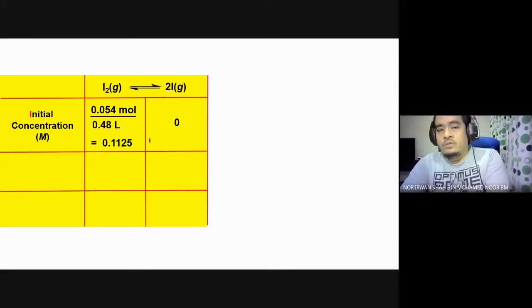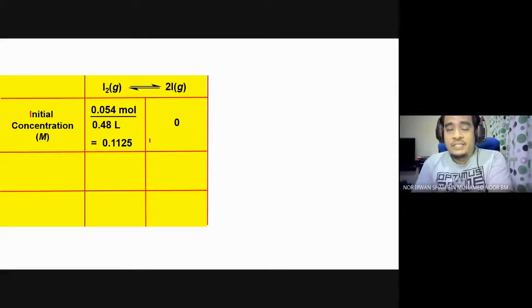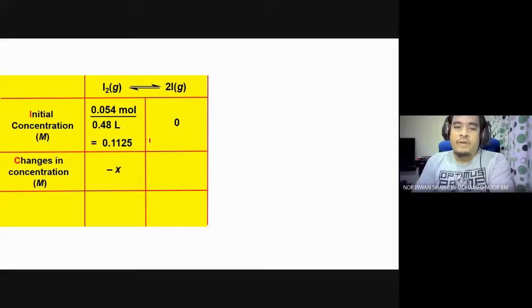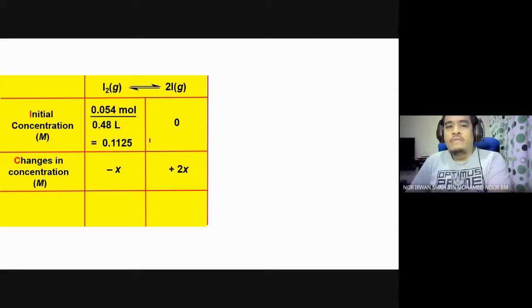Therefore there will be changes in concentration: for iodine vapor, minus X, and for gaseous iodine atoms, plus 2X. These changes keep on going until both the iodine vapor and the gaseous iodine atoms reach equilibrium.